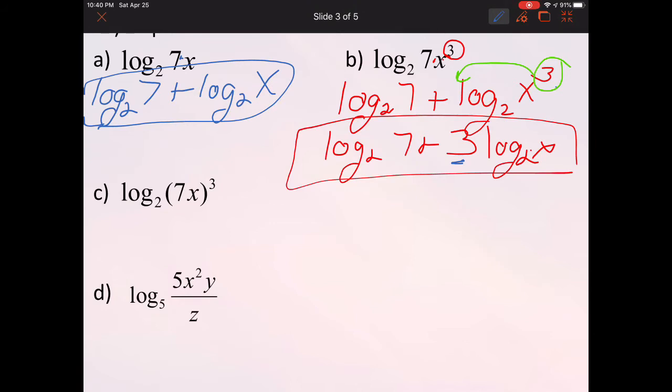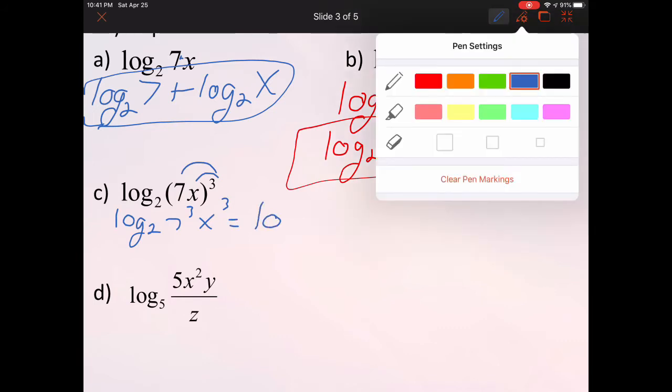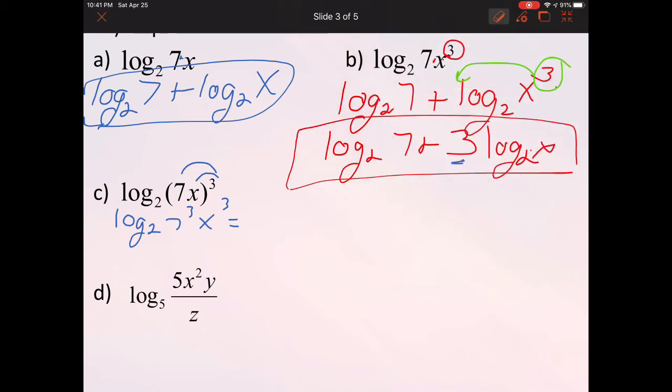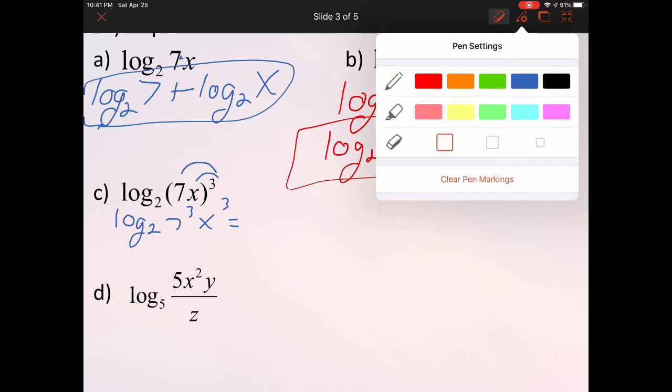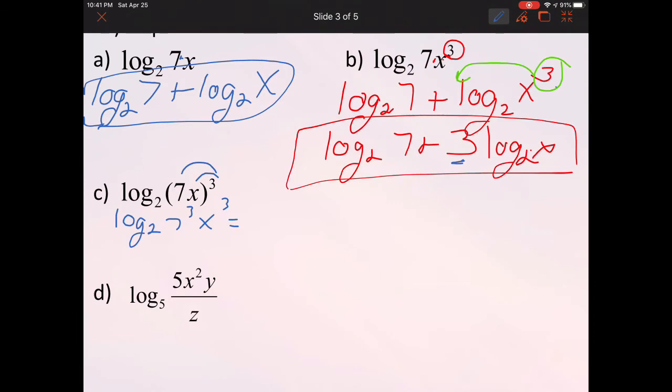Now, letter C has parentheses. Those parentheses mean that this 3 is hitting both the 7 and the x. So if I rewrote this, log base 2 of 7 to the third times x to the third, then really the 3 will go in front of both.